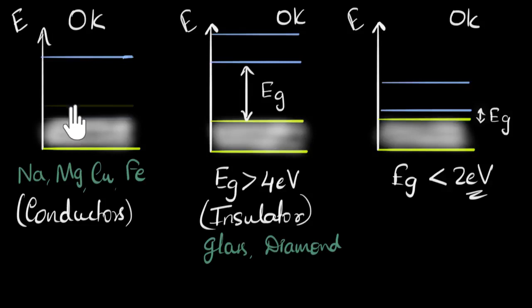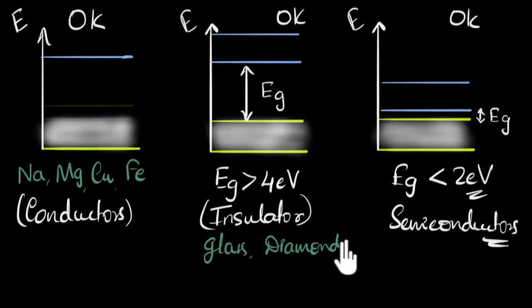There is no band gap. And so all the electrons become free over here. Here, a very few amount of electrons can become free. Here, almost no electrons. Almost, I say almost because some electrons will get free. And that's the reason these guys end up becoming semiconductors.